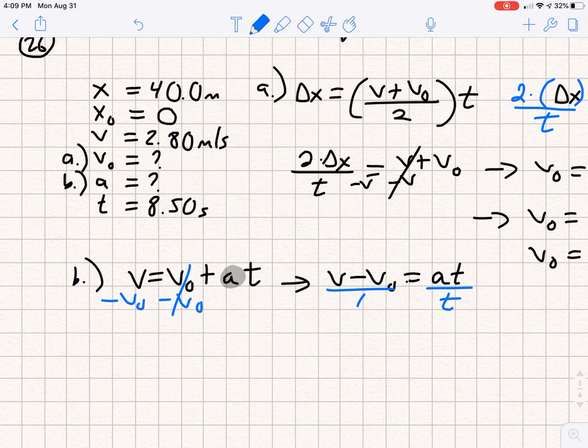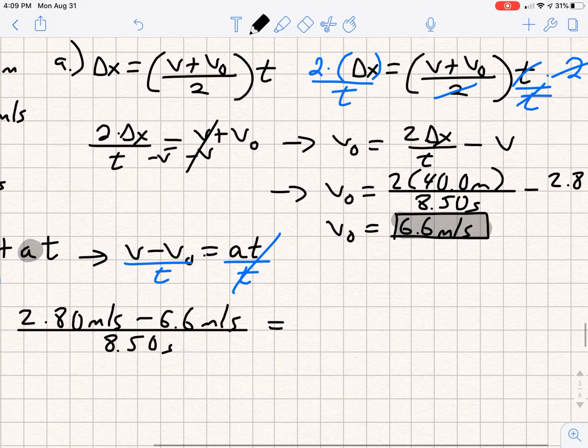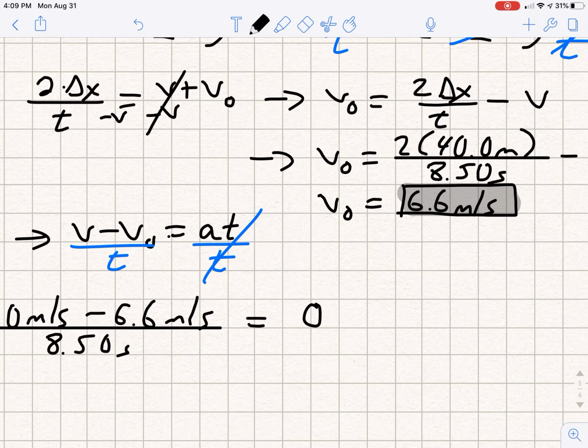Divide both sides by t, and now a is by itself, and that would be v, which is 2.8 meters per second, minus v naught, which is 6.6 meters per second, over the time of 8.5 seconds. 2.8 minus 6.6 divided by 8.5 gives us roughly negative 0.45 meters per second squared.